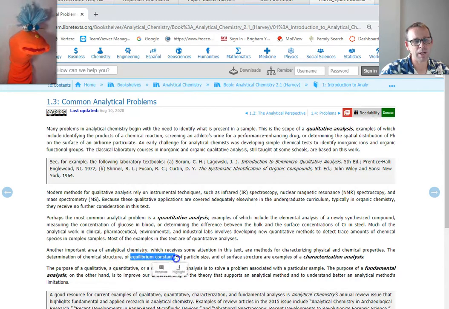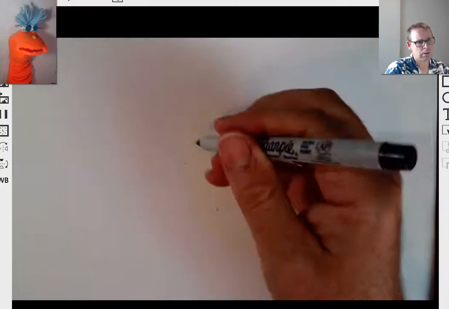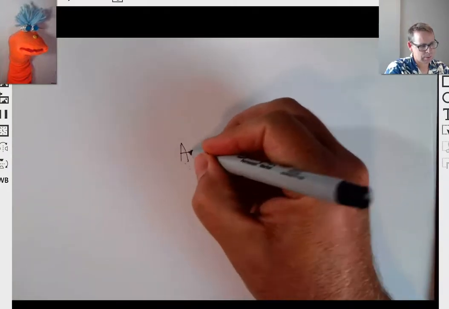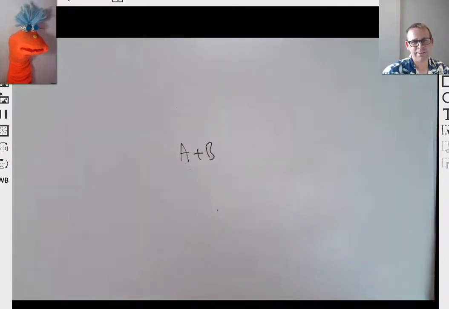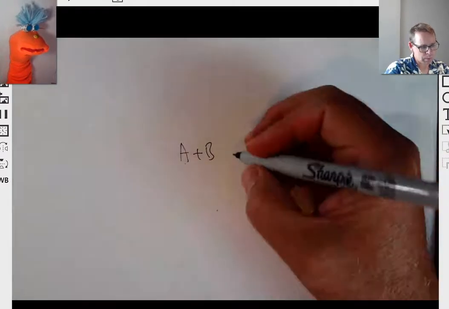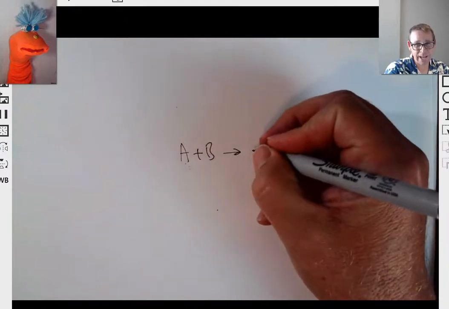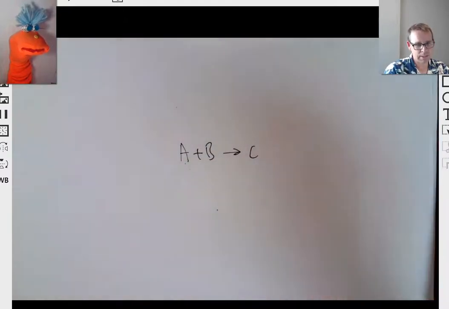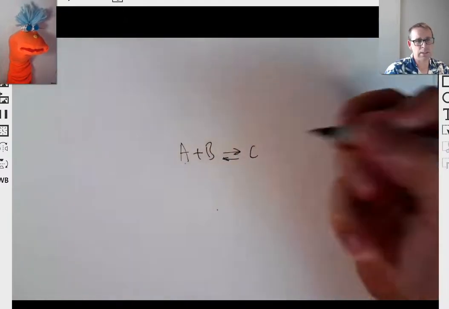An equilibrium constant. Do you remember what an equilibrium constant is? I'm not sure. So let's talk a little bit about an equilibrium constant, right? So in an equilibrium constant, what we're saying is that there is a process. Now, generally in chemistry, Chem 105, Gen Chem, we will say things like A reacts with B to form C, and this is in equilibrium.